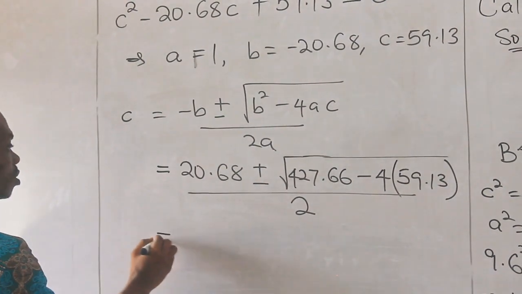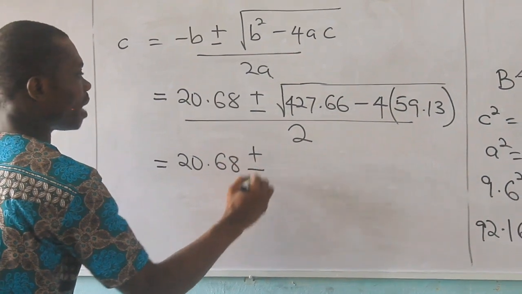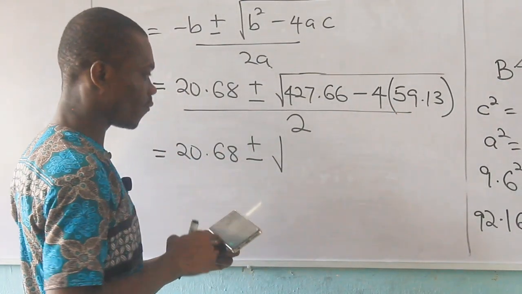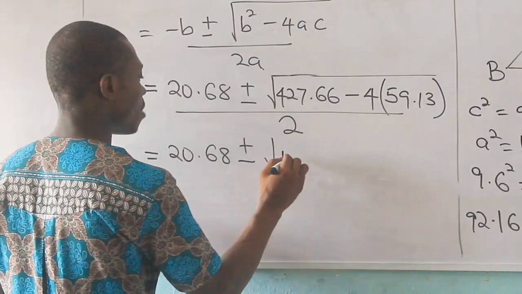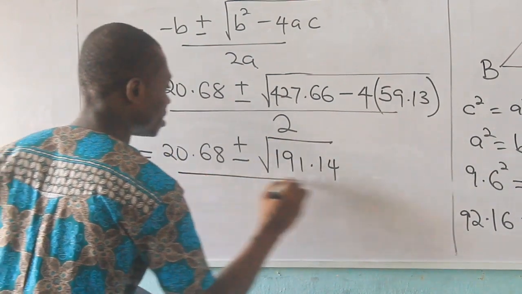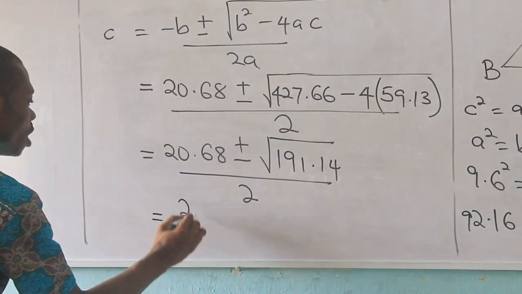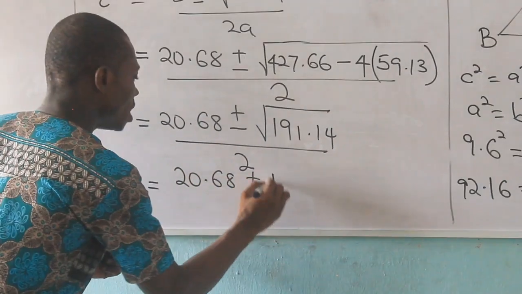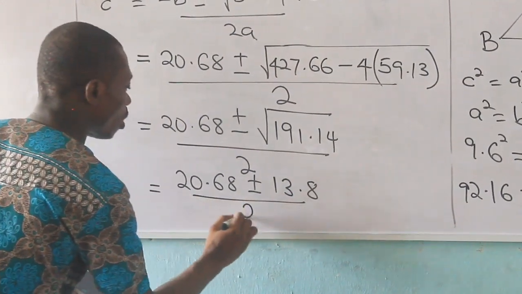Okay, so this is going to be 20.68 plus or minus the square root of, if you multiply this by 4 and then use this to subtract it, you are going to have 191.14. Okay, and this is all over 2. And so if we take the square root, we'll have 20.68 plus or minus 13.8 approximately, all over 2.